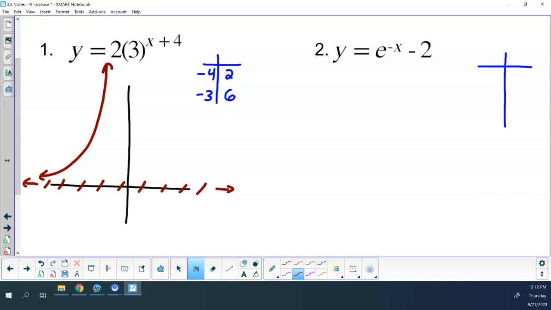Over here on this one then, I would choose 0 as my first x value. And when I plug in 0, I get e to the 0 power is 1, minus 2 is -1. Then I would choose -1.